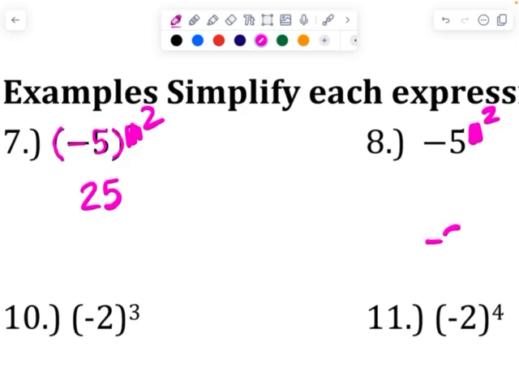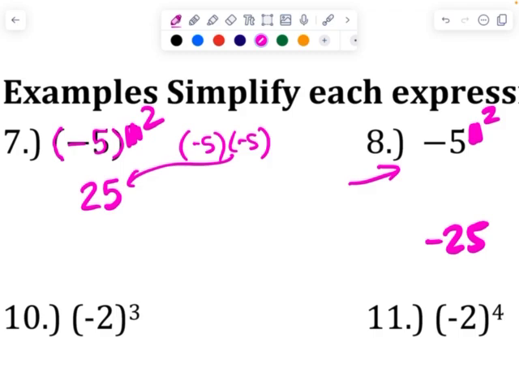You get -25? But wait, when I do a negative, right, this one says -5 times -5 gets me a positive 25. But isn't that the same here? Well, actually, for number 8, what this is saying is -1 times 5 squared. We look at order of operations, and when I think about parentheses, exponents, exponent comes first.